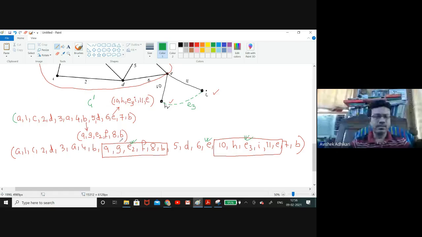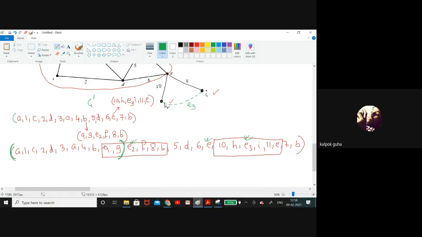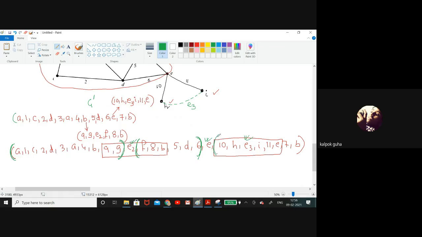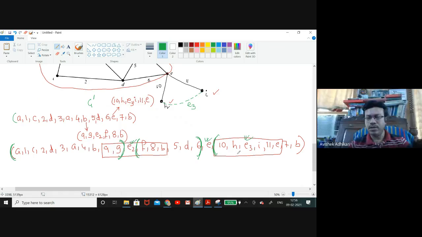Now try to drop this edge up to, where is E1, up to this, from here. So I think it is E6, 6 to E. No, this is not E1, sorry. So this is just E. So I think it should not be from here.